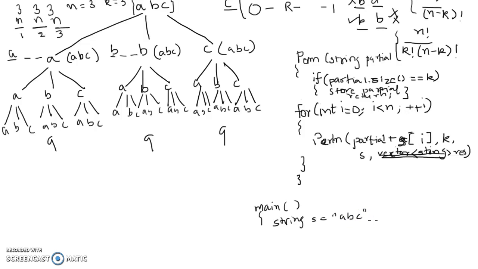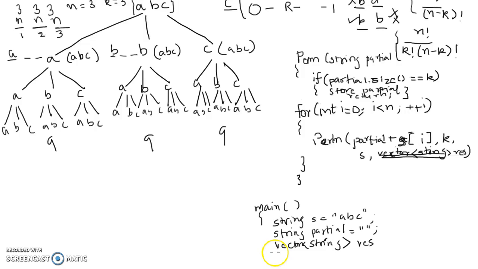And then I'm passing you a partial string, which will be an empty string, and then I need something to collect the vector of strings. So I need to collect the result here.